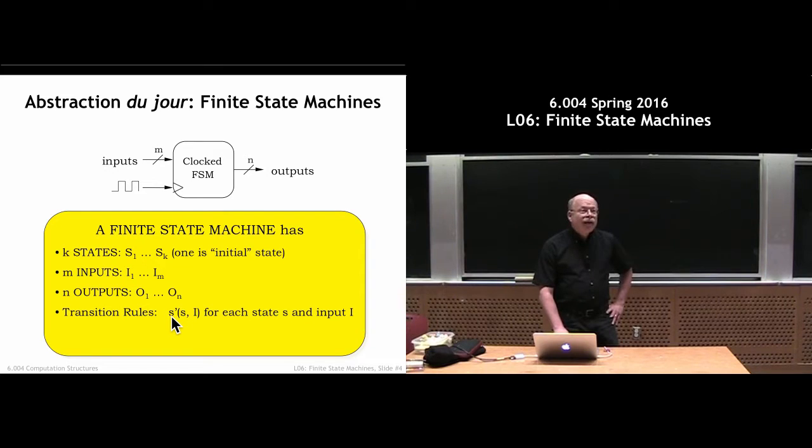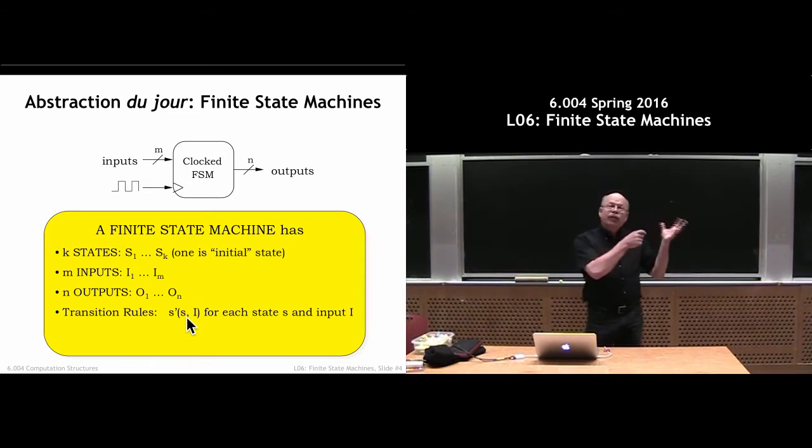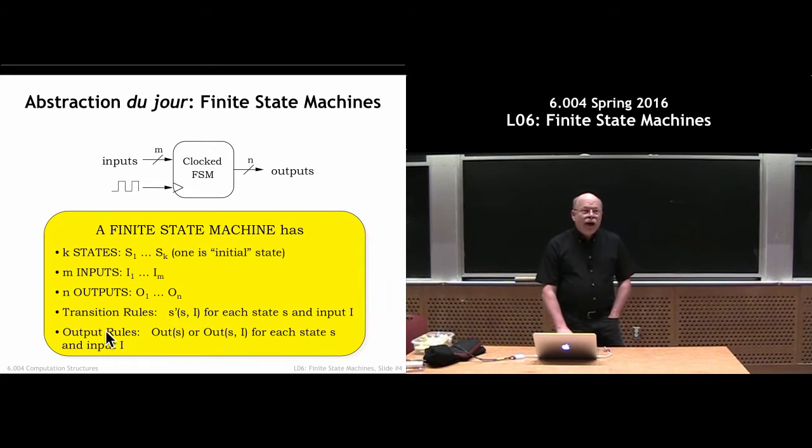So S prime, the new state, or the state that will become the current state of the machine after the next rising clock edge, is a function of its current state plus the current values of the inputs. Okay, so that's the transition table. And then we'll also provide some output rules, which will tell you the value of each output given the current state that we're in.